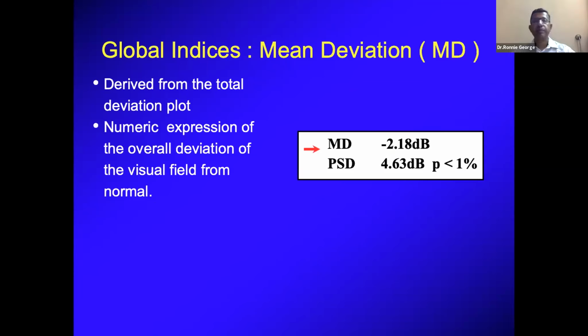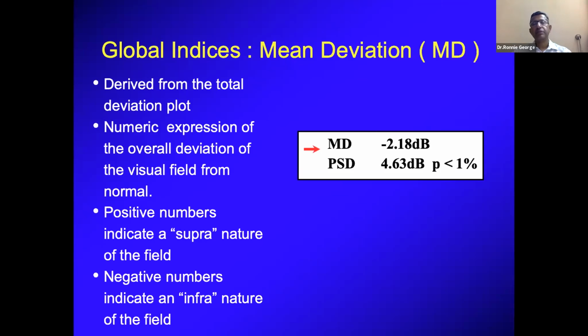They can occasionally be positive, which means this person actually has a better threshold sensitivity than what you would see in a normal person. So positive numbers indicate that it's better than normal, and negative numbers indicate that it's worse than normal. This is a single value which tells you generally overall how the field is, and mean deviation can go from 0 to about -30 on the negative side. -30 is a completely extinguished field.